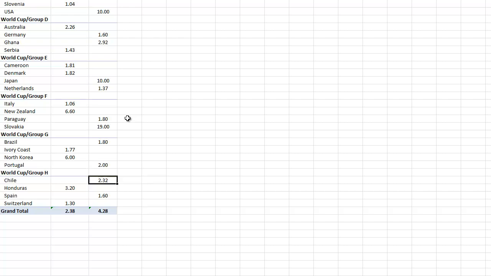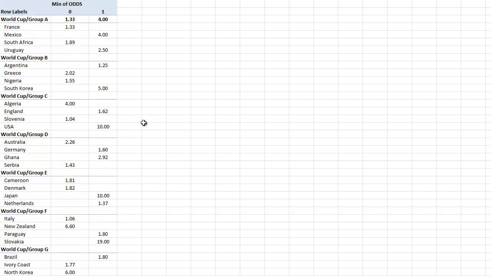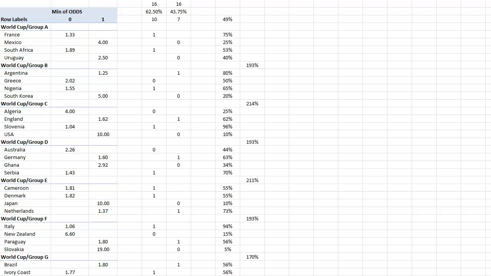Seeing something at heavy odds on to qualify doesn't necessarily mean that the team will. And there's quite a discrepancy from it. In fact, what I'll do is I'll just quickly rework this, and we'll have a look at the percentage of odds-on teams that did or didn't qualify. So give me a couple of seconds, and I will pause this momentarily and return with that data.